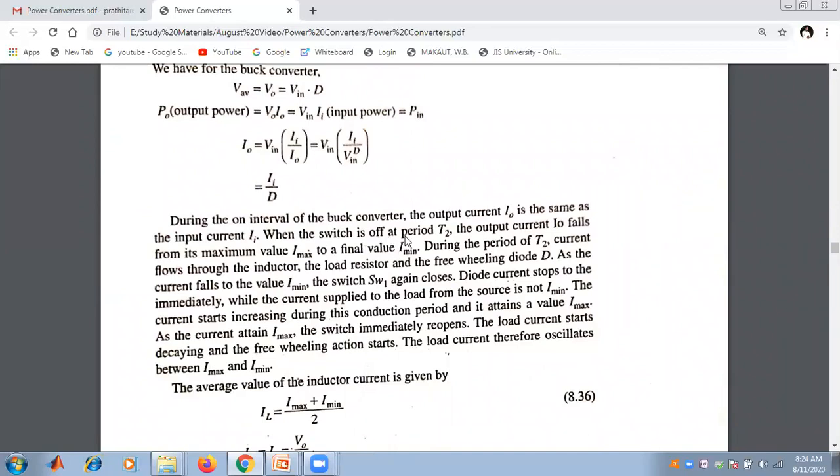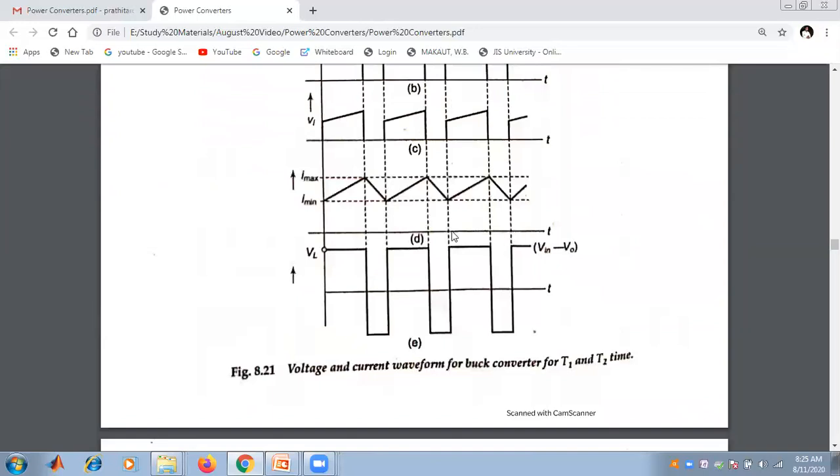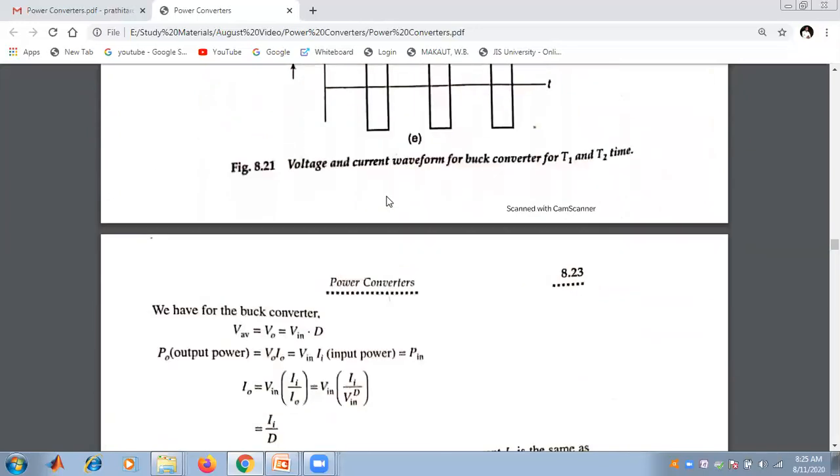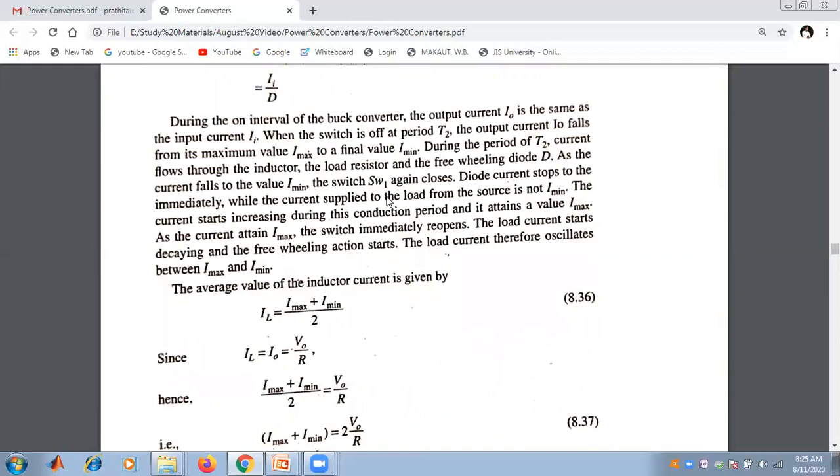When the switch is off at the time period T2, the output current I0 drops from its maximum value, I max, to the final value I min. It is clear that it will fall during the time period T2 when the switch is off.